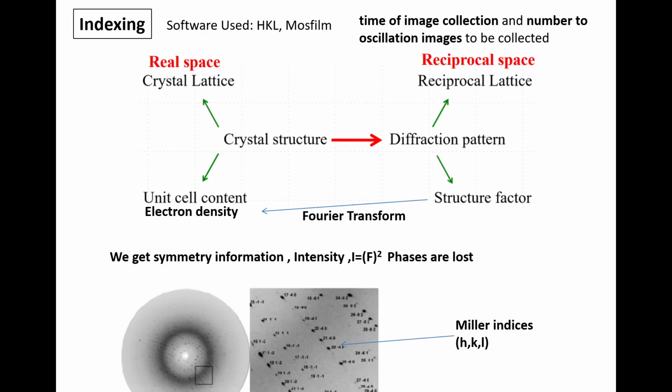Similar to that, what you are doing there is a Fourier transform. That is a simple way to imagine. If you add all those waves to a final wave, you are doing a Fourier transform.